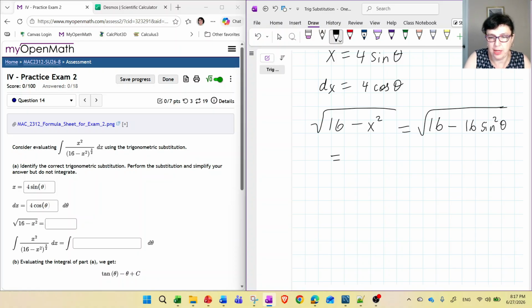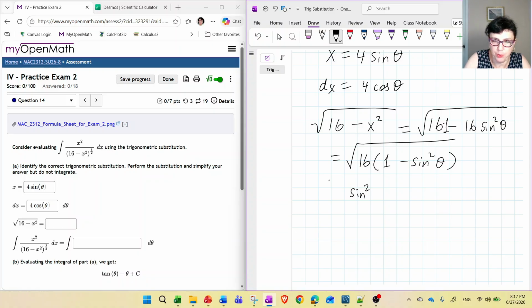And now you can see that 16, right? Both terms share, so you can pull it out. From the first term, there's nothing left, so you just put 1, because 16 times 1 doesn't change anything. And then minus sine squared theta. Why does it work? Because we have trigonometric identity number 1. Sine squared plus cosine squared equals 1.